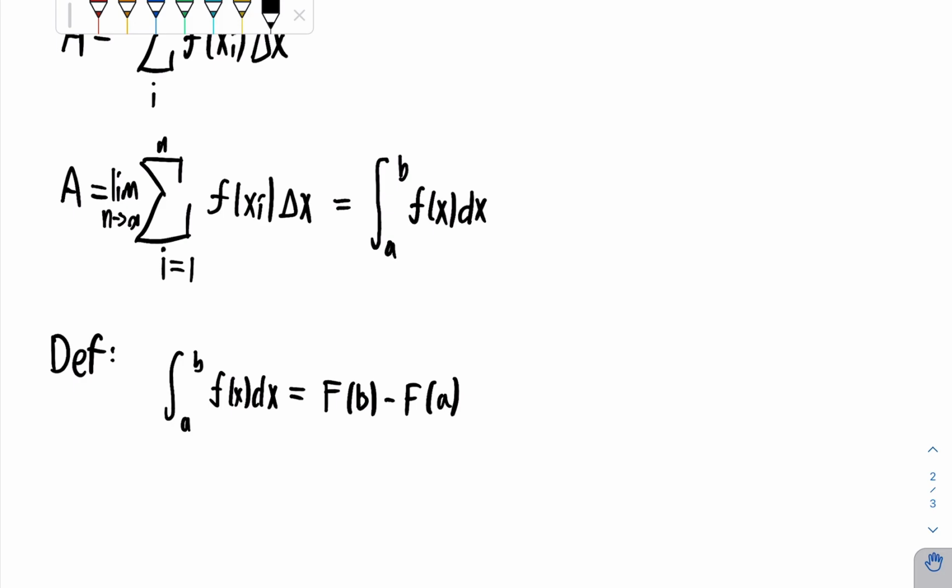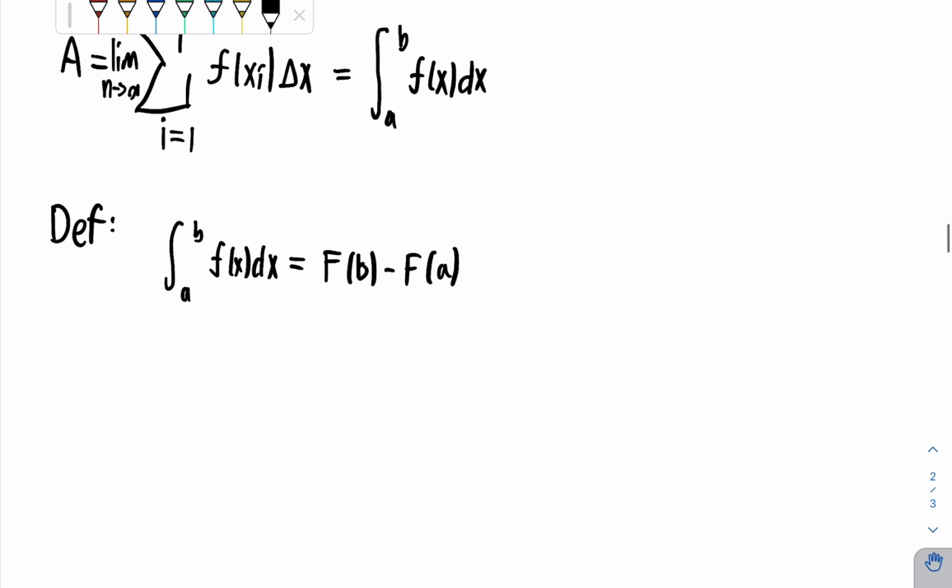All right, let's do an example. Why don't we find the area under the curve x squared between 0 and 1. To do this, we take the integral between 0 and 1 of x squared dx, and the antiderivative of x squared, if we use the reverse power rule, is 1/3 x cubed.